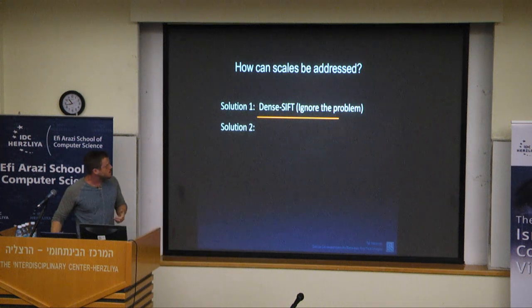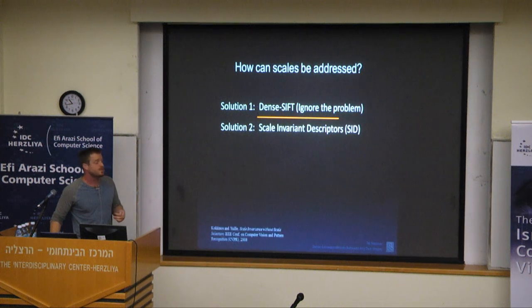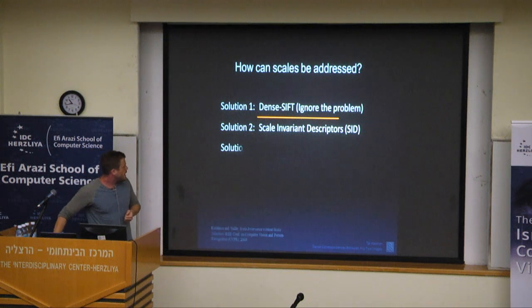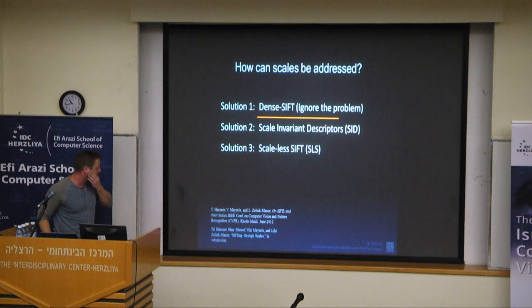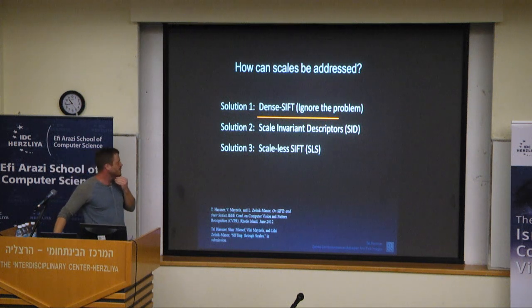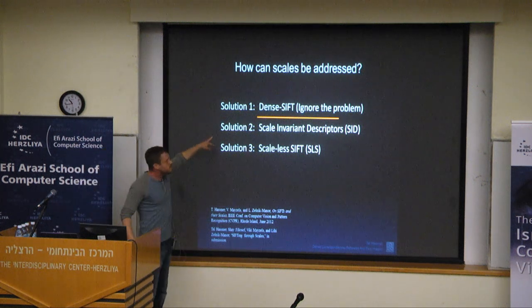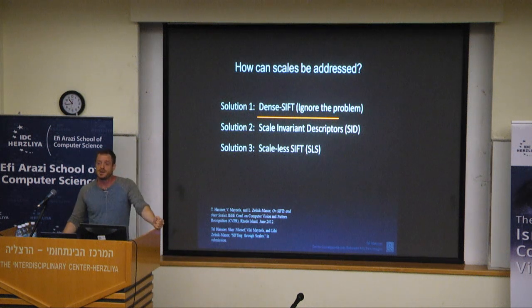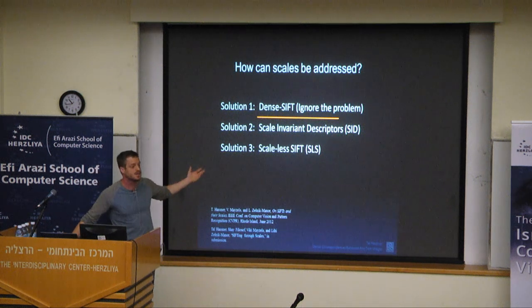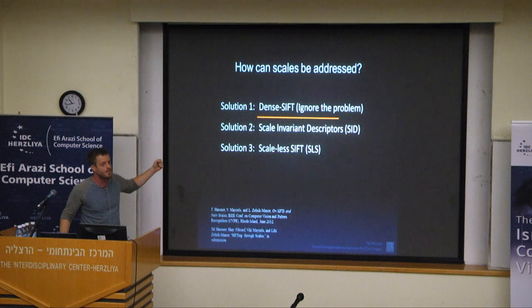Two such examples are the scale invariant descriptors, the SID descriptors of Kokkinos and Yuille in 2008, and the scale-less SIFTs of Hassner et al., the SLS from 2012. These two methods work much better than the original dense SIFT in terms of accuracy, especially when you have scale differences between the two images, where dense SIFT fails completely, and these work quite well.